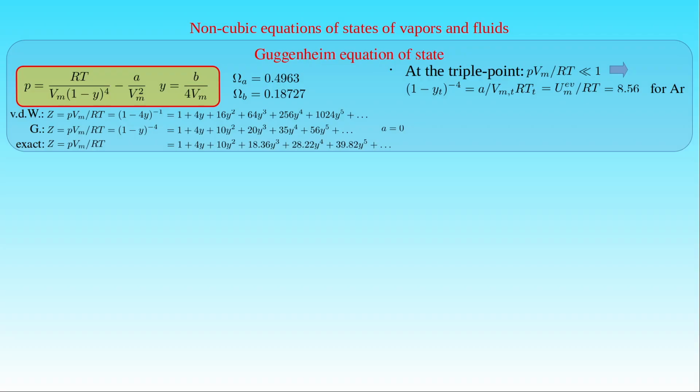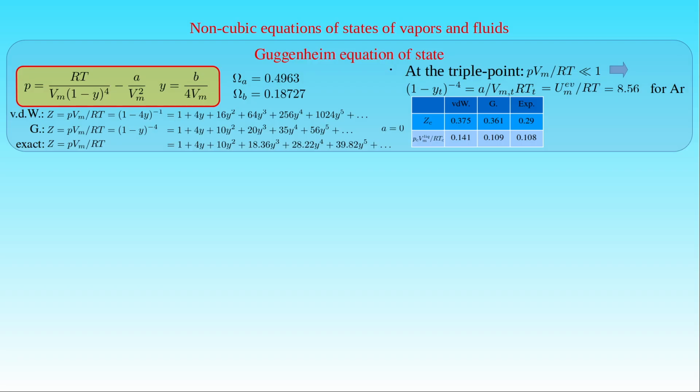Guggenheim determined several quantities by using his modified equation of state and compared them with the figures obtained from the van der Waals equation and the experimental data for argon. In this table we show the critical compressibility factor Zc, and the ratio of the critical pressure Pc times the molar volume Vm in the liquid phase to the gas constant R times the critical temperature Tc.